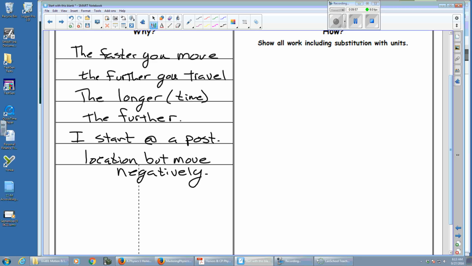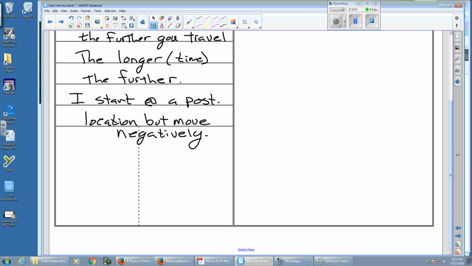Okay. So I'm thinking, let's see, I'm going to start here, and I'm going to say that 0 is over here, and this is where I start, so that would be D naught or the initial. But I'm moving that direction, right? I'm moving to the left if I call to the right positive.